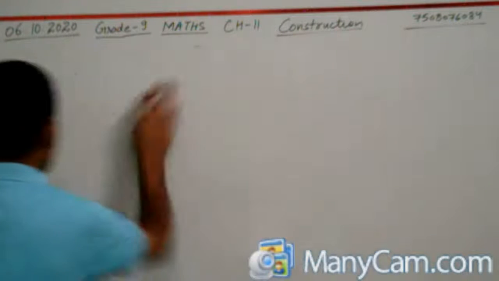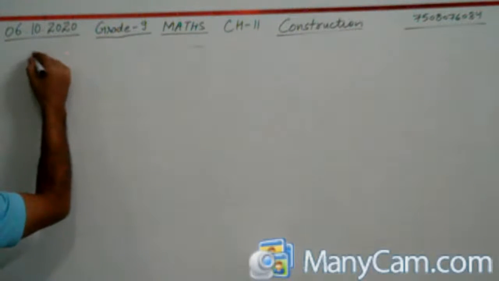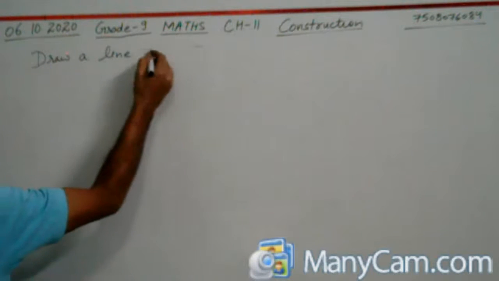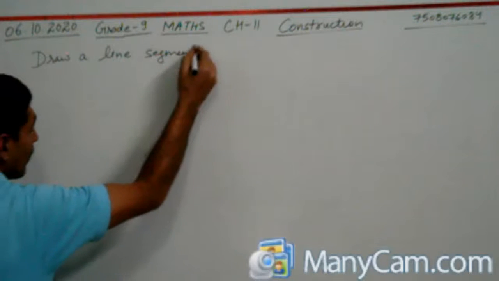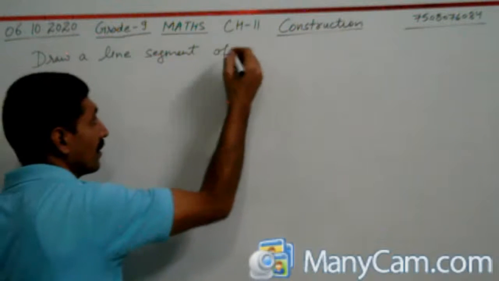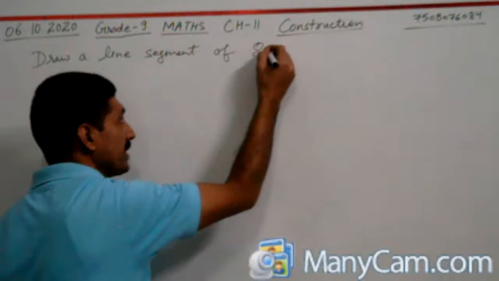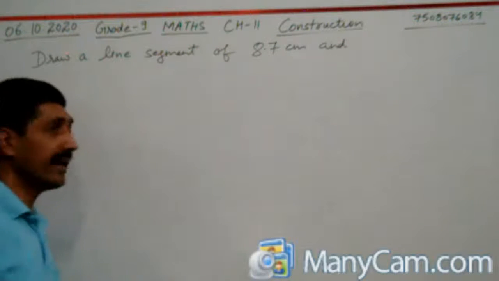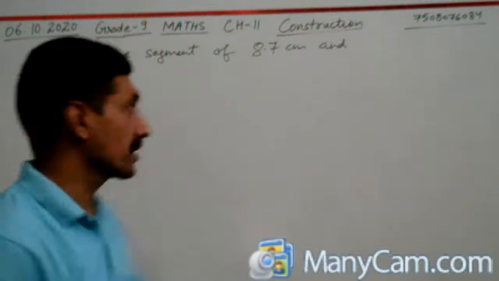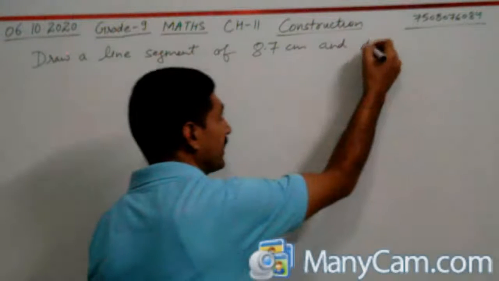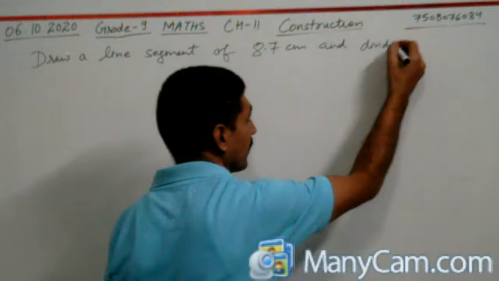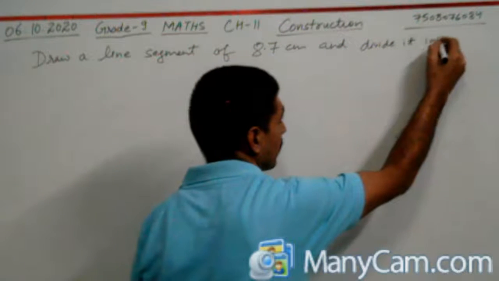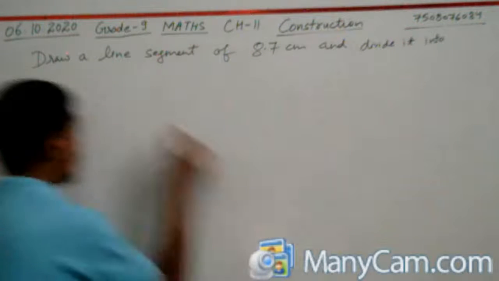So if the question is, you have to draw a line segment of 8.7 centimeter and divide it into four equal parts.